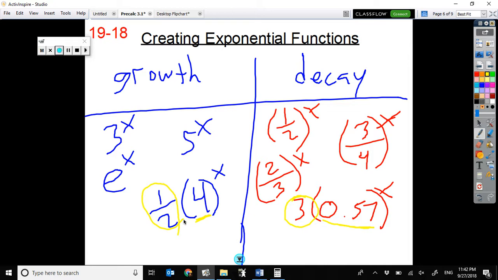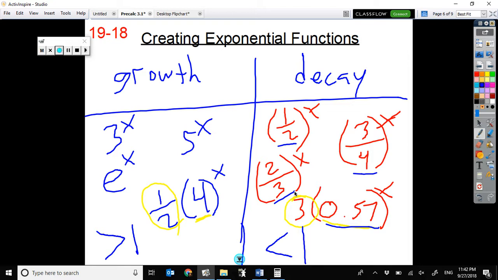For growth, the number being hit by the exponent is going to be greater than 1. For decay, the number being hit by the exponent is going to be less than 1. Okay? So this number is less than 1, that number is less than 1, they're all less than 1.